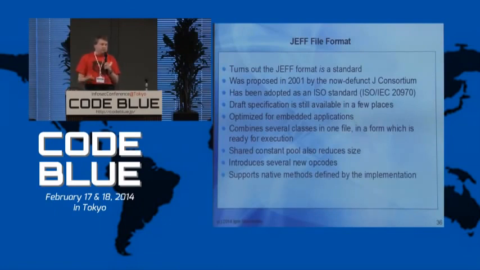So this Jeff file describes a collection of several Java classes, and it's optimized for embedded applications. And so it was used by Intel to implement these Java applets inside the management engine.